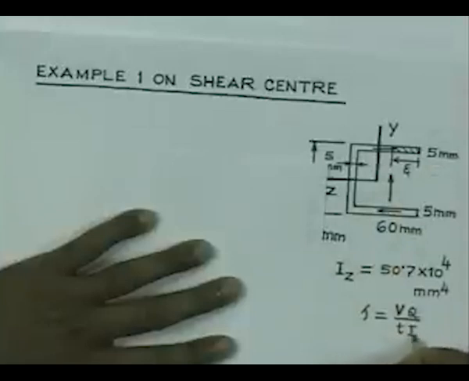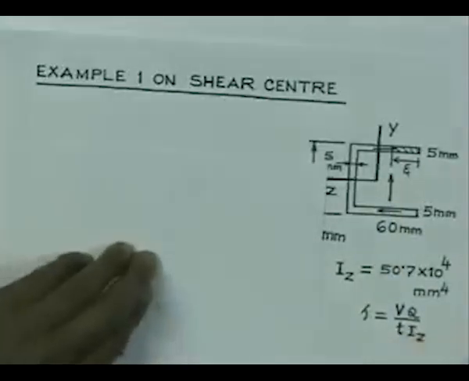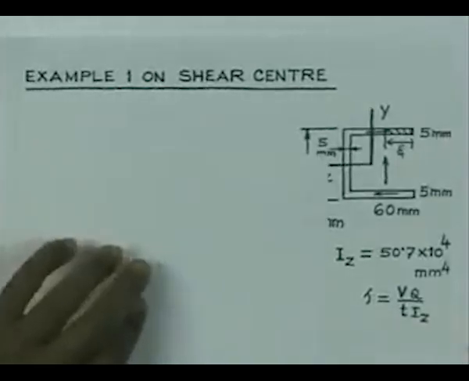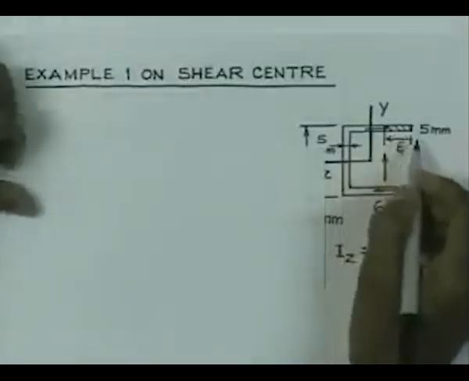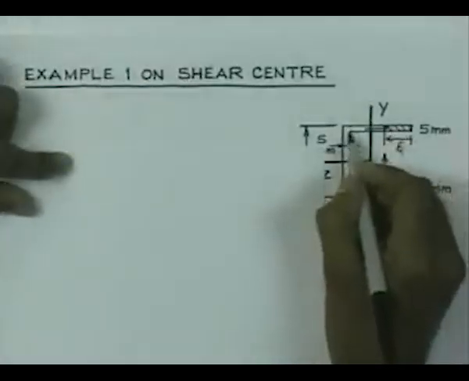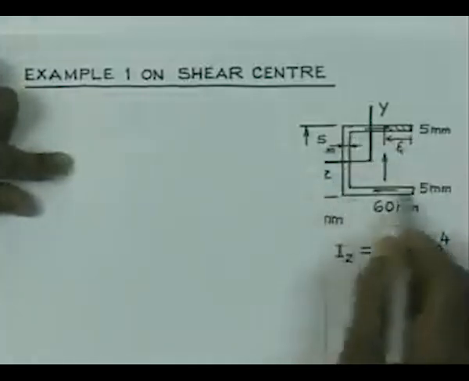That is the formula, which you have derived in the first course. Now, if I want to integrate, let us consider this junction to be at a distance of 55 millimeter from this edge.